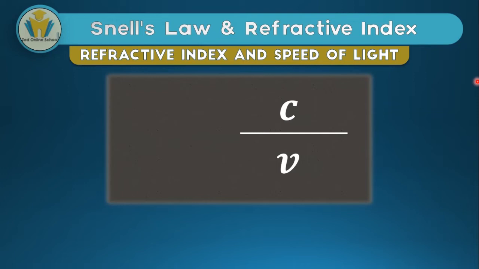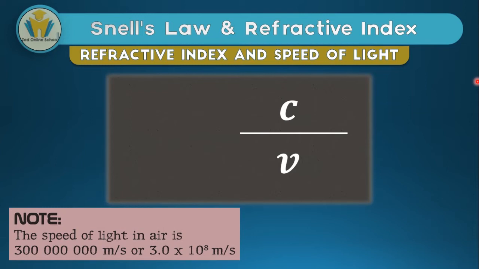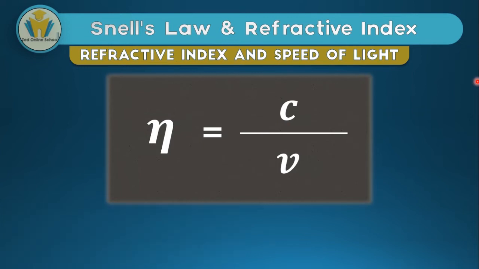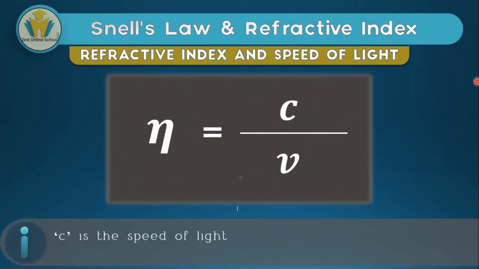For example, when light is moving from air into the water, light will have a certain speed in air, which we know if you've been doing physics, 3.0 times 10 to the power 8 meters per second. Again, we're going to be using this letter-like symbol, which looks like n, and we have another formula for the refractive index. It's very important to note what these letters stand for.